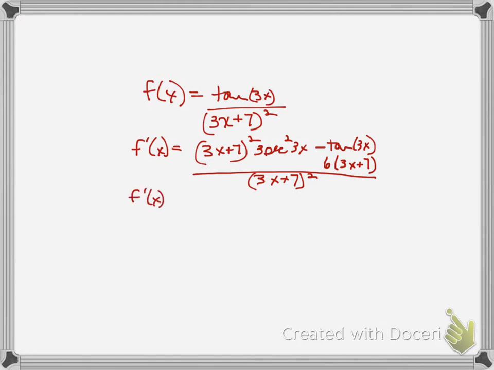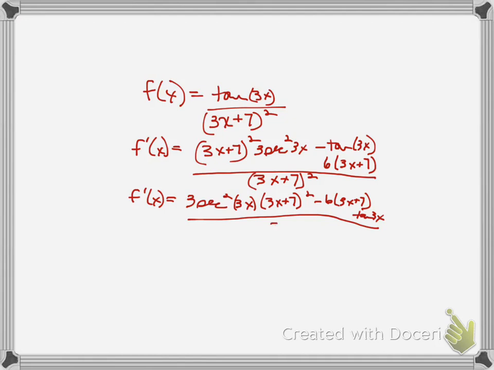F prime of x equals, I have a 3 secant squared 3x, and then I have a 3x plus 7 squared minus 6 times 3x plus 7 times tan 3x all over 3x plus 7 squared.